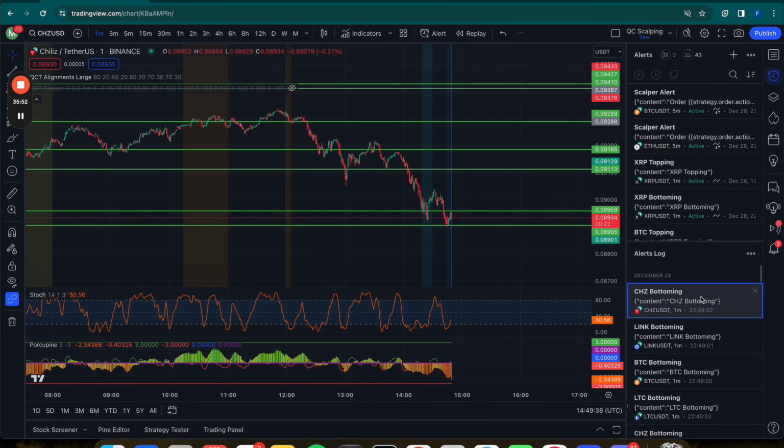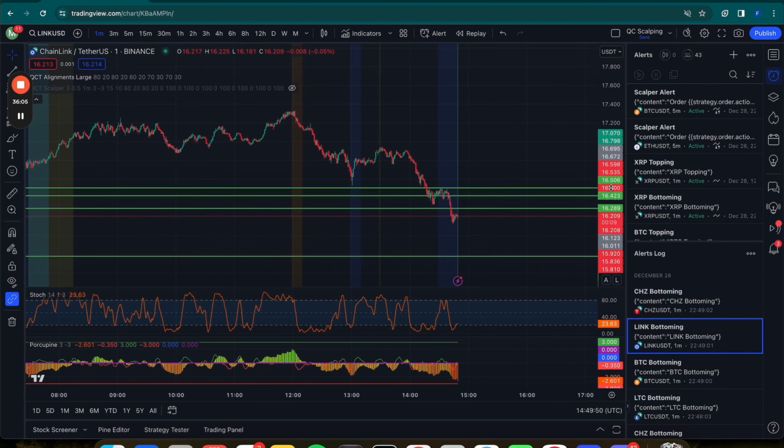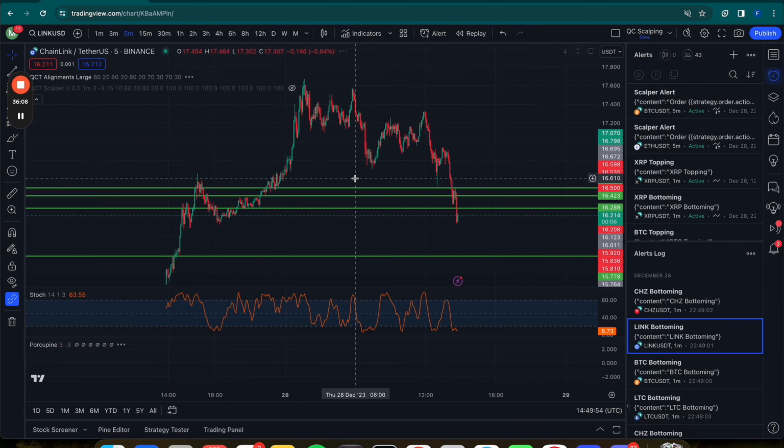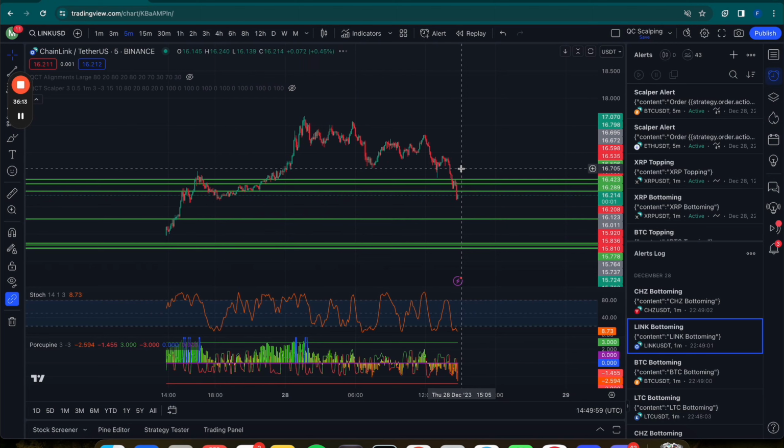So that's when I like to go to lower time frames here in order to make sure that we have better moves or better value for the time that we put in. And this is how I trade these daily trades.